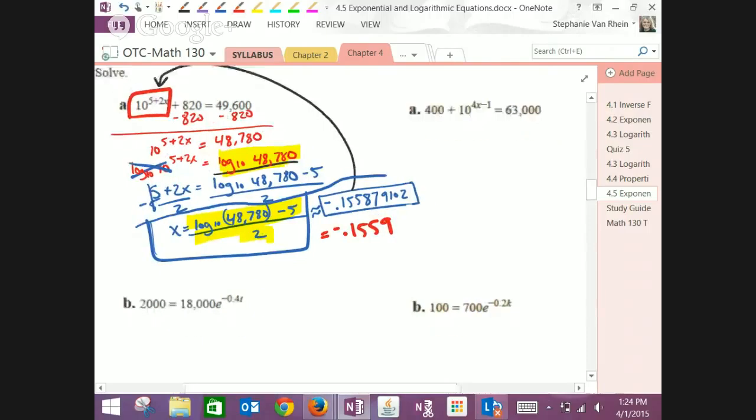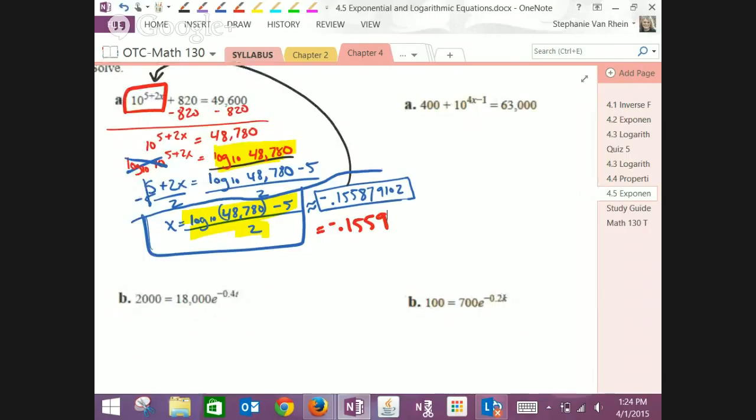So what would I want to do on the second part A? Minus 400. Yeah, the very first thing I want to do is isolate that 10 to the power. So these are just numbers, so I might as well just put it all on one side.